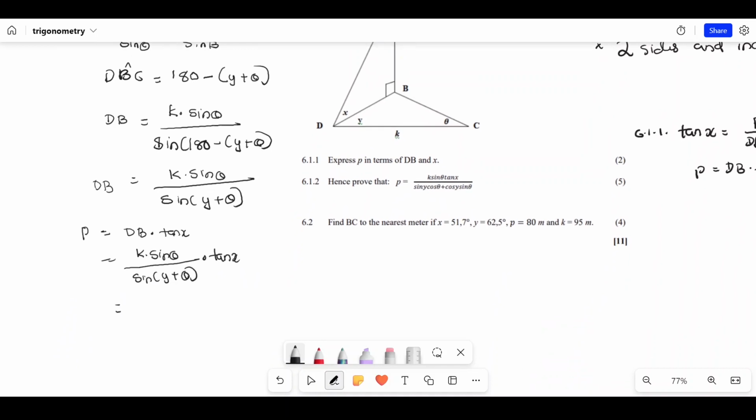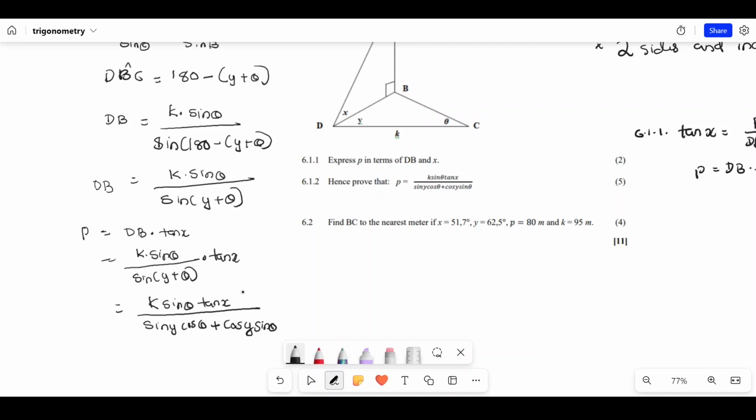So we can say this is k sine theta tan x on top, and the denominator is just the expansion, that is sine y cos theta plus cos y sine theta. We finished. We were able to show that P is this. So that is the 5-mark question, 6.1.2.